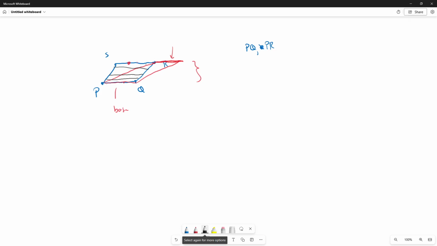The distance between the two red sides here and here, for example, is exactly the same as the distance between P and Q all the way up. And same for the blue parallelogram. The distance between two opposite sides in these horizontal cross sections is just the length of this horizontal line segment. So they have the same cross sections all the way up, and so they'll have the same area.